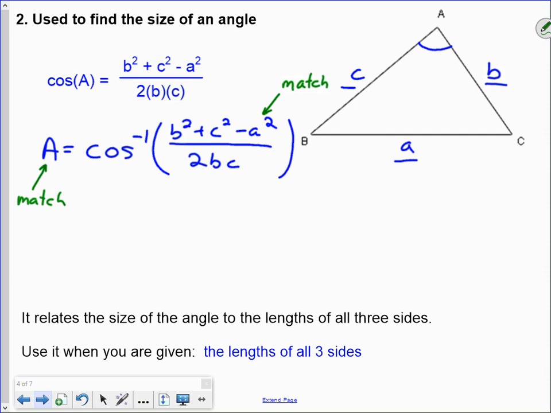And then the other two sides, b and c, appear at the beginning in the numerator and as those two terms down in the denominator. So the angle that we're trying to find matches up with the opposite side, the side that's opposite in the triangle, and b and c are just the other two sides.